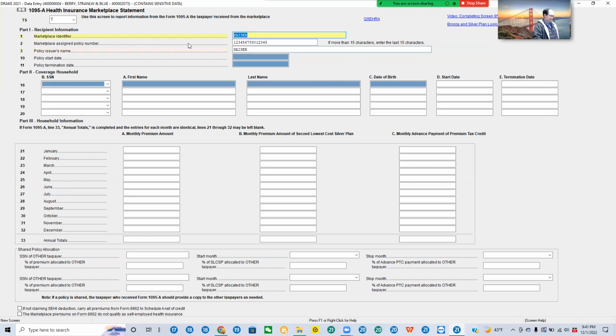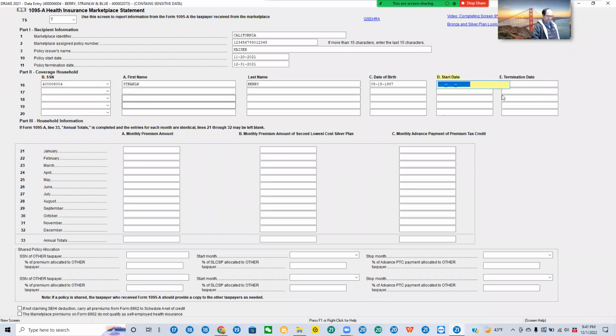Oh, up there is like this. Now, it depends on who is covered.